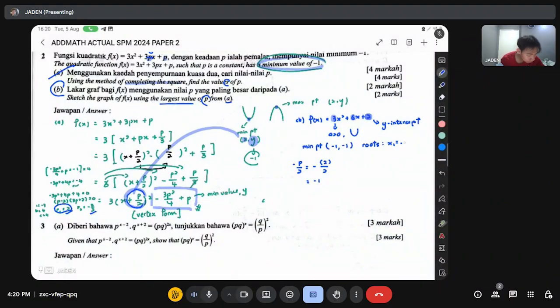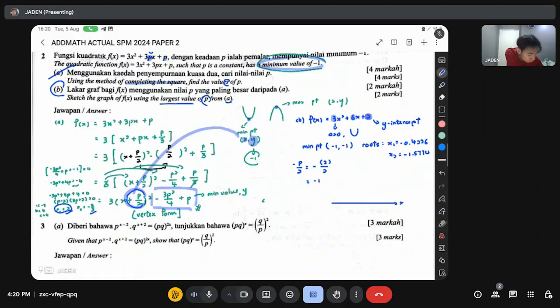So you will write down x1 as negative 0.4226 and x2 will be negative 1.5774. Because this is just a sketch, don't worry about those working steps. They will actually give you marks based on the accuracy of the graph that you sketch.